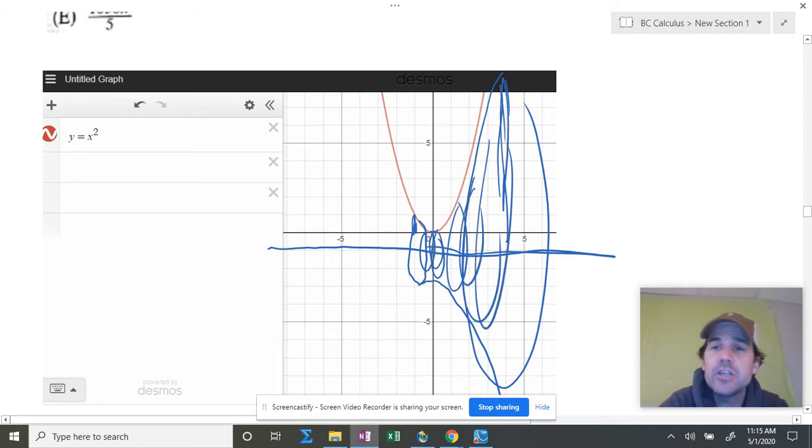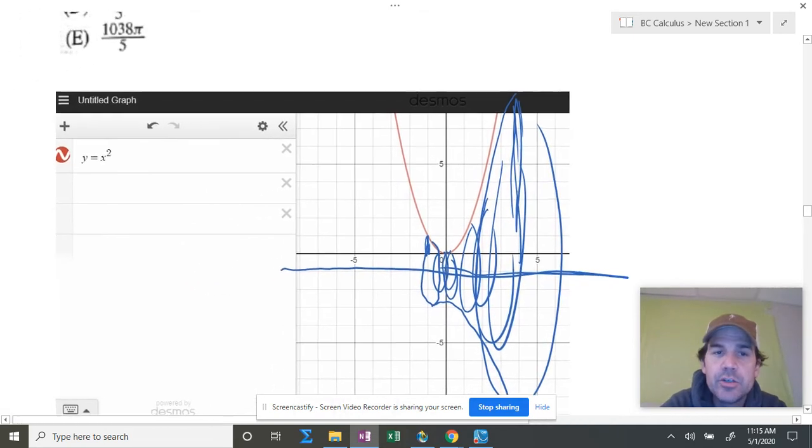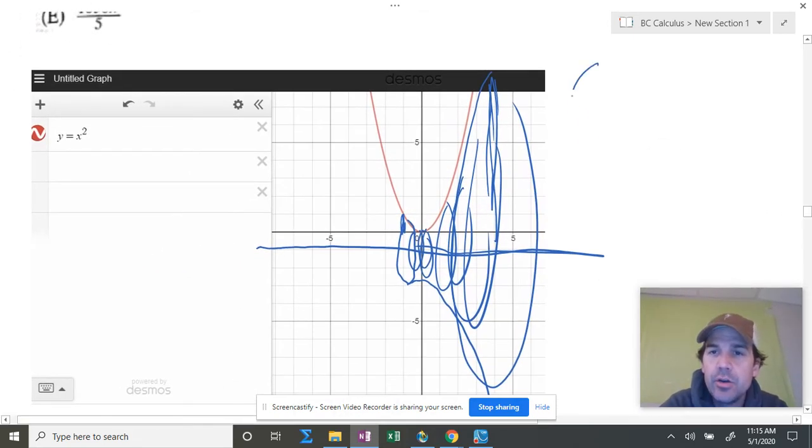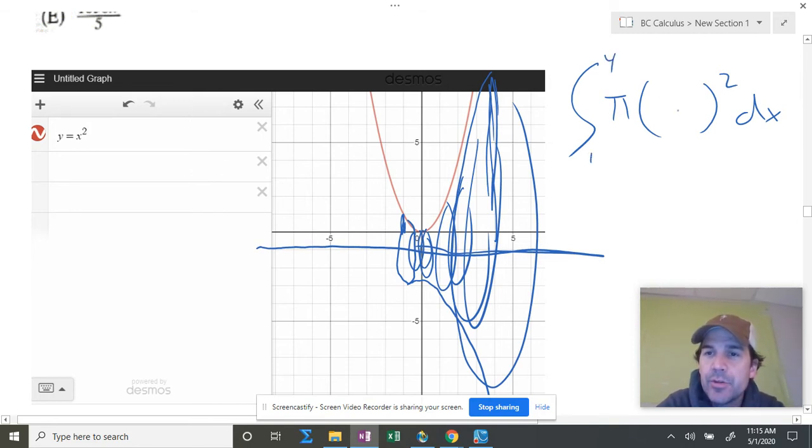So once again, we're doing it in terms of x. We're going to do my area dx. My area is pi times r squared, and for x's, I'm going from 1 to 4. This is whatever my big radius is. My radius is from this line all the way up, so I first have to go up 1 just to get to there.